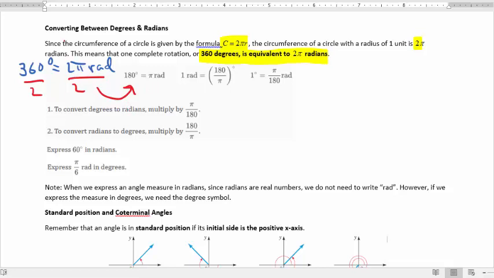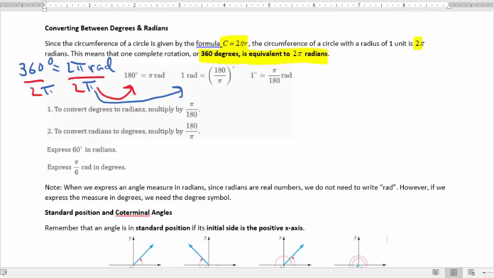If I divided both sides by 2 pi, I would get that 1 radian equals 360 degrees divided by 2 pi, which simplifies to 180 over pi degrees.